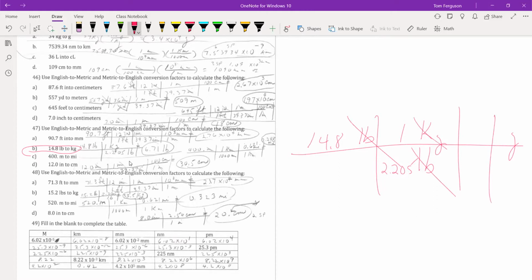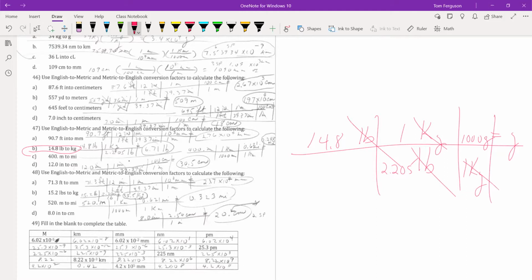So we need to get that kilogram to cancel. And then how many grams are in a kilogram? Now the pounds cancel, the kilograms cancel. What didn't cancel? Grams. What are we trying to calculate? Grams. So our setup is done. We just have to crank it out now.